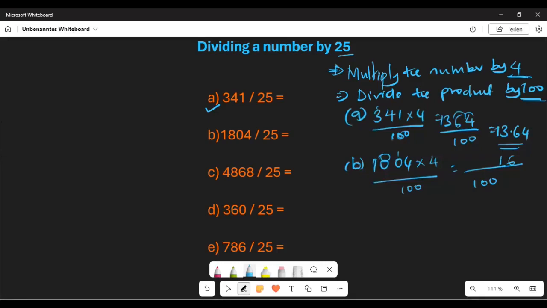Then 4 times 8 is 32, so we write 2 and carry 3. 4 times 1 is 4, and plus 3 is 7. So the product is 7,216. Now divide by 100, so two places, and our answer is easily 72.16.